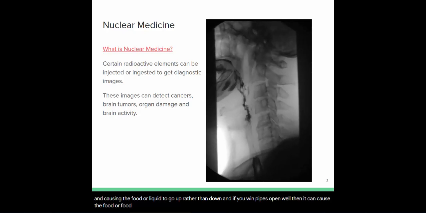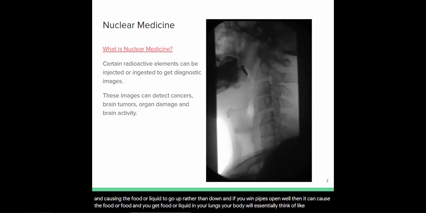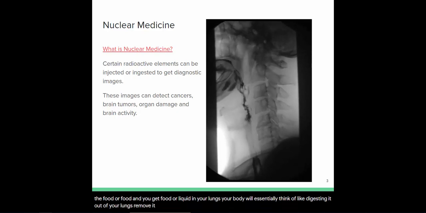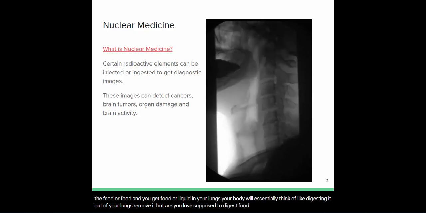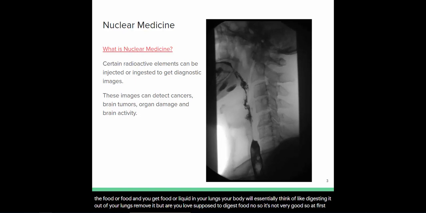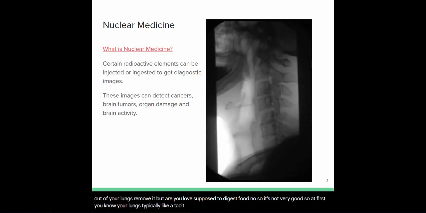No. Now, fun fact, if you get food or liquid in your lungs, your body will essentially, think of it like digesting it out of your lungs, to remove it. But are your lungs supposed to digest food? No. So it's not very good. So at first, your lungs typically attack it because it's a foreign substance.